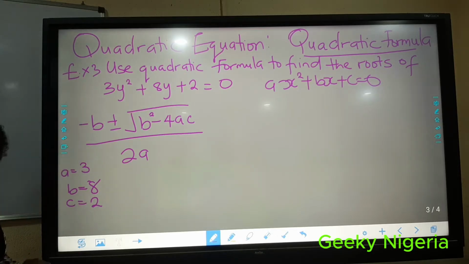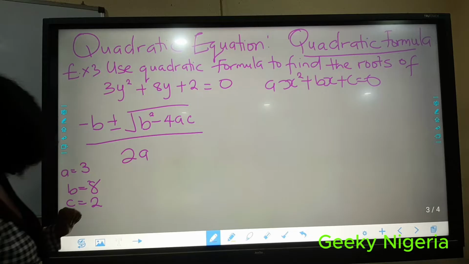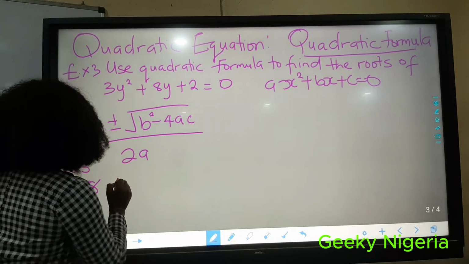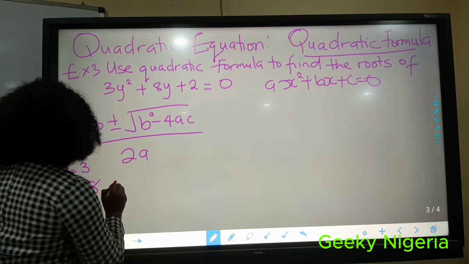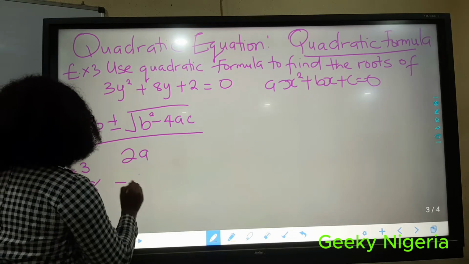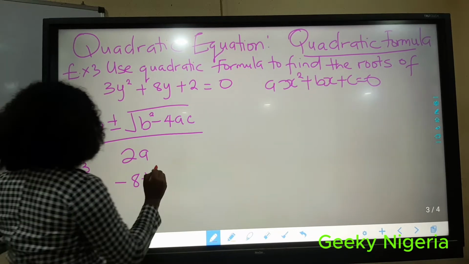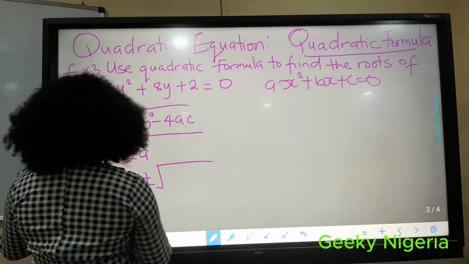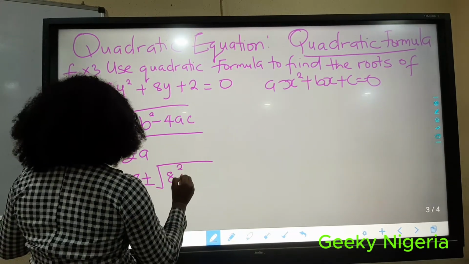So now look at this. How do we represent this? We have to put it inside our formula. So we now have minus b, which is 8, plus or minus the square root of b, which is 8 squared, minus 4.